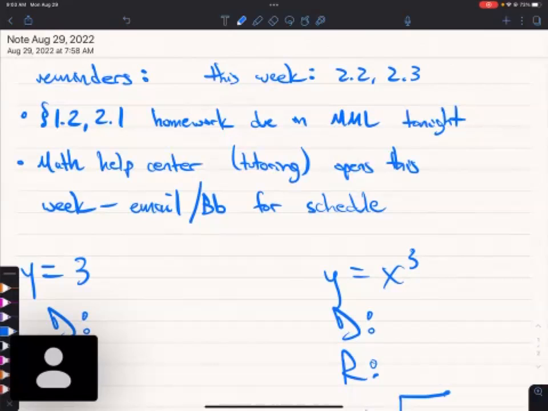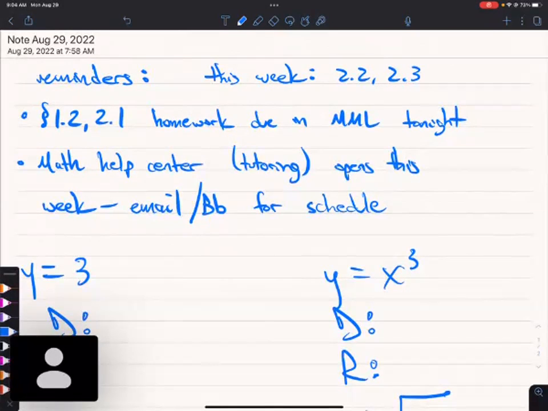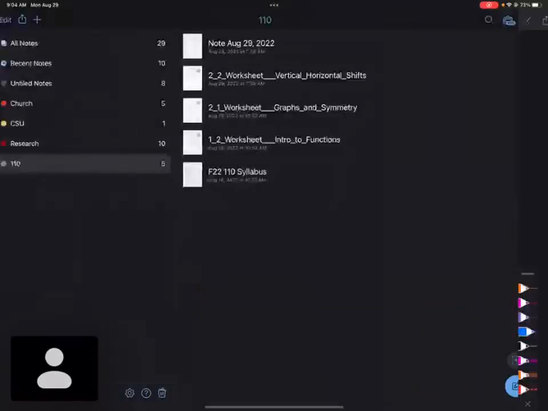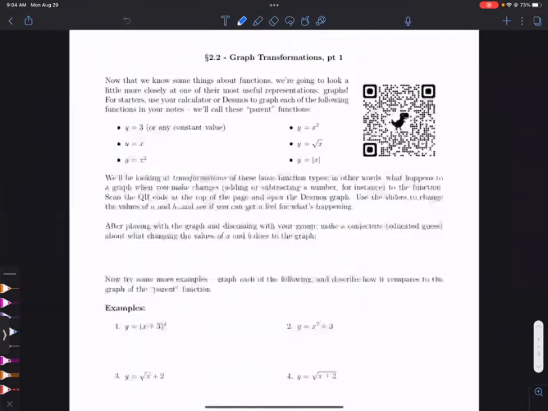So again, the idea is basically going to be if I take a function that I am either given or that I already know some things about and make some relatively minor changes, like add a 3 somewhere or multiply something by 2 or whatever, then what does that do to affect how the function works, to affect its graph, to maybe affect domain and range, that kind of thing. Again, to be able to do this, we need something to start with. We need some functions in the first place.